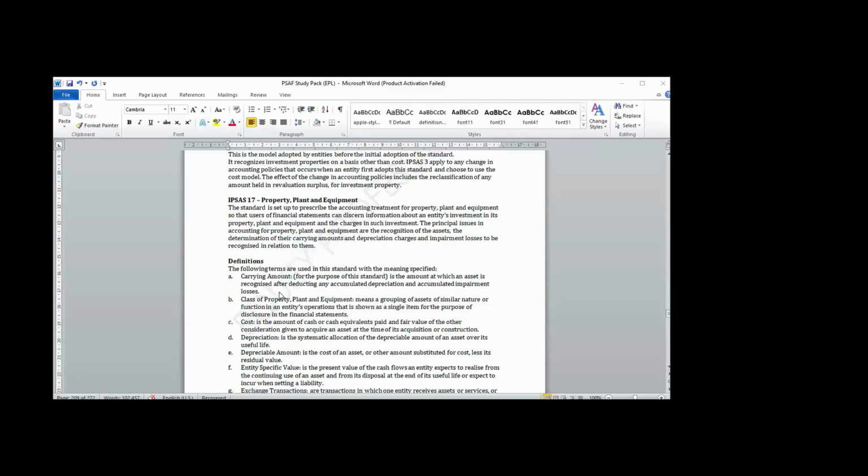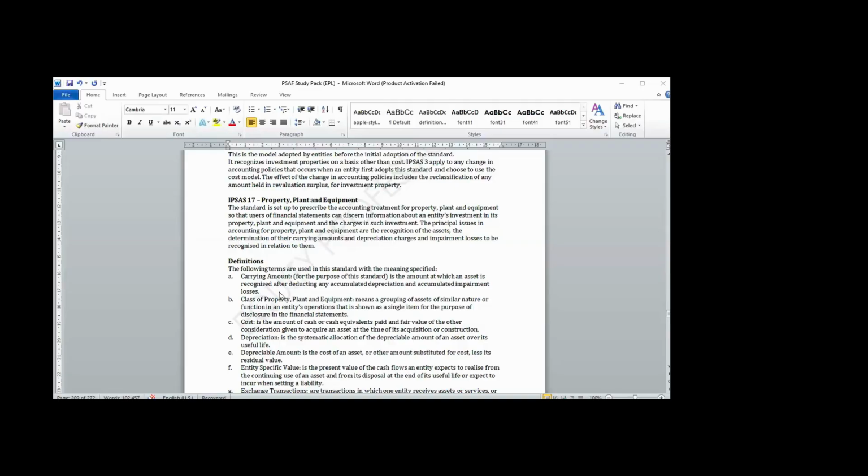Carried amount is the amount at which an asset is recognized after deducting the accumulated depreciation and accumulated impairment losses. That is the amount we are carrying an asset at after we have deducted depreciation. That is what we call carried amount. It can also be referred to as net book value.